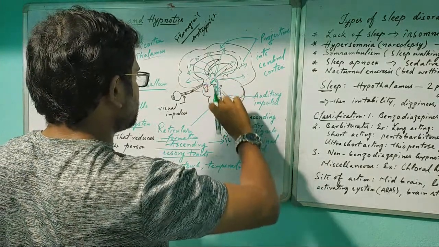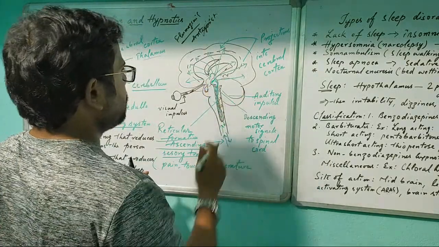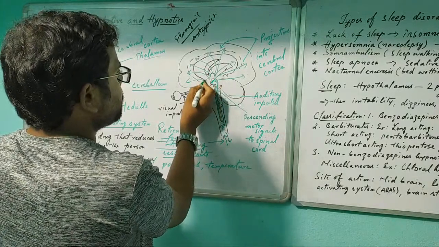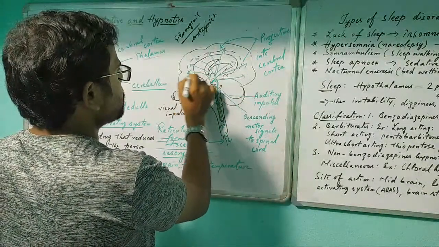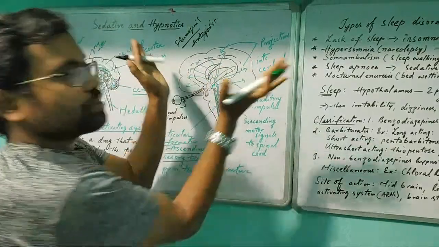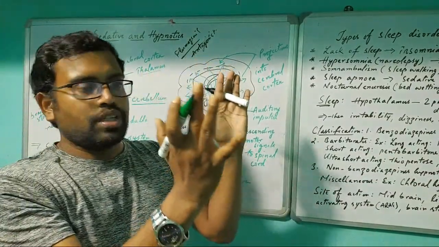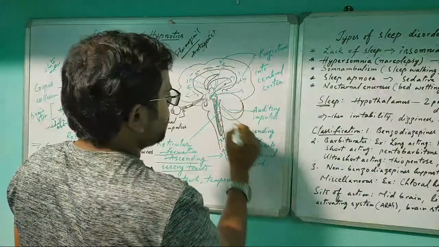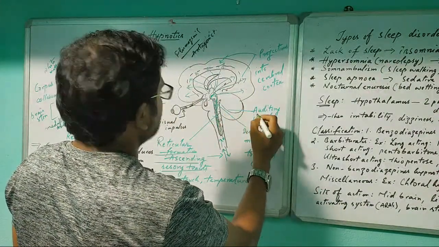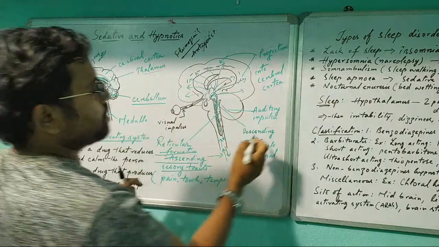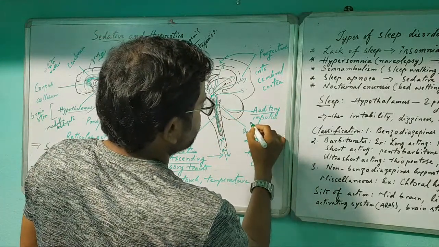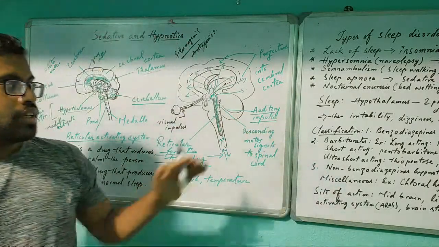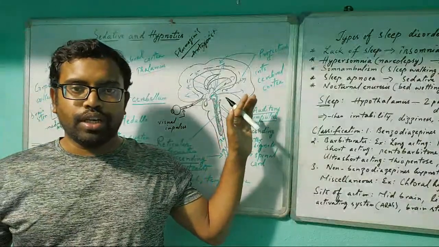These arrows indicate that the reticular formation is connecting the nerves with each other. In the hindbrain, the cerebellum, this part is responsible for auditory impulses, for hearing.